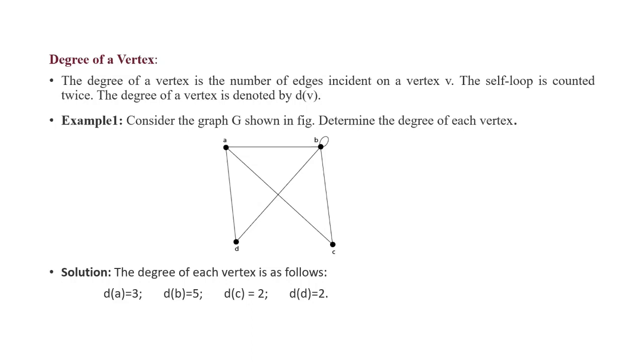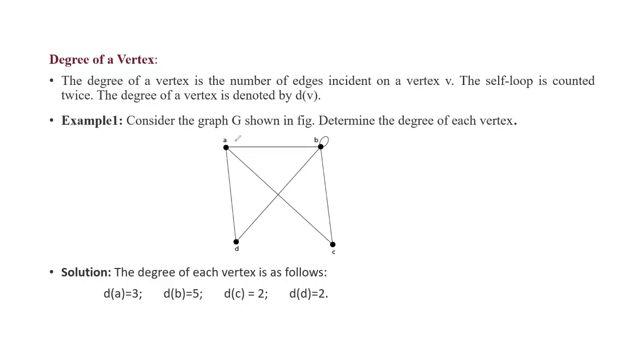Here, a self loop is counted twice. Generally, the degree of vertex is denoted by the symbol D of V. Number of edges incident on that vertex means number of edges associated with that vertex. We can say this is the degree of that vertex.